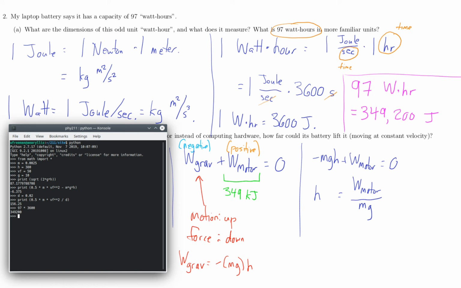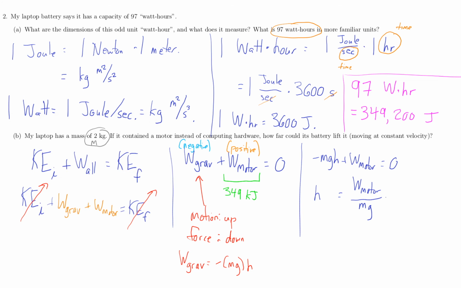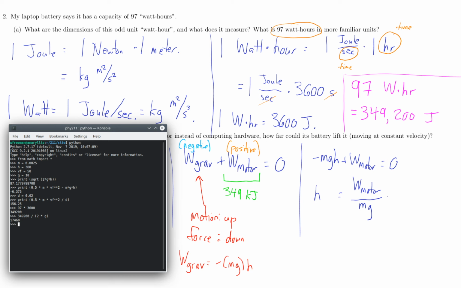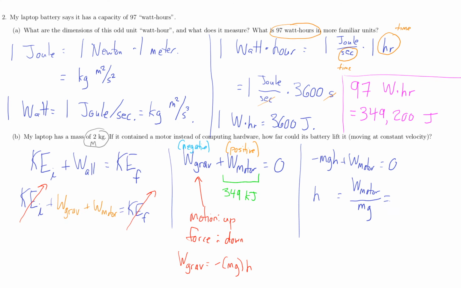So going back to my handy dandy little Python window, I need 349,200 joules divided by 2 kilograms times g. And this gives me an enormous height. So this is 17,460 meters. Or to 3 sig figs, 17.5 kilometers. Yes, there is an enormous amount of energy stored in a lithium battery.